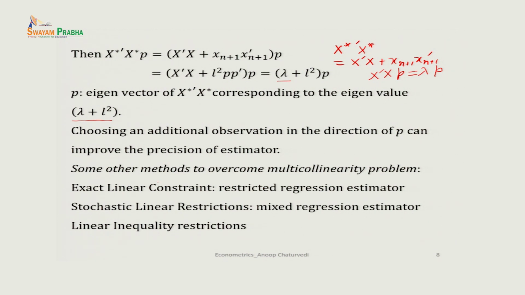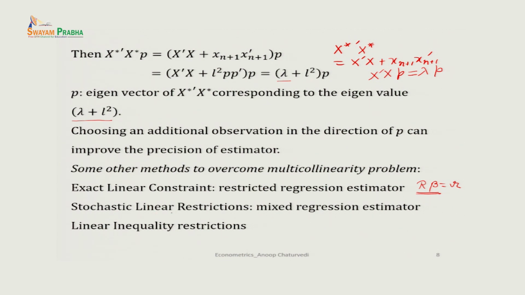Now, some other methods to overcome the multicollinearity problem are exact linear constraint, which leads to restricted regression estimator. So, if you have some information like this about beta, you can utilize this information and develop the restricted regression estimator, which resolves the problem of multicollinearity. Because if you look at the expression for the restricted regression estimator, it adds some quantity in X transpose X. So, it resolves the problem of multicollinearity.